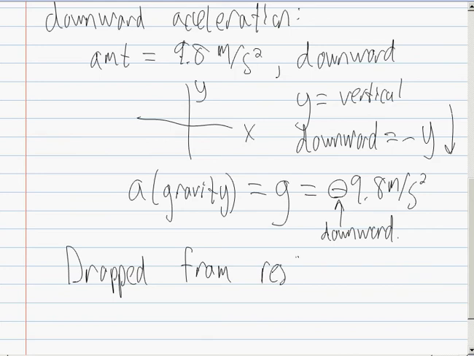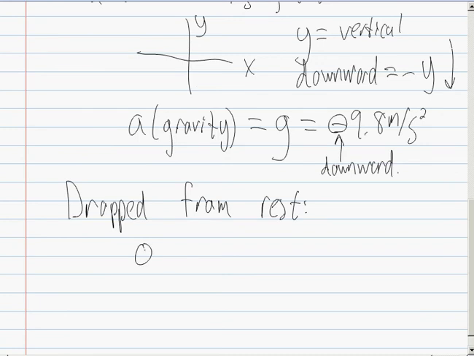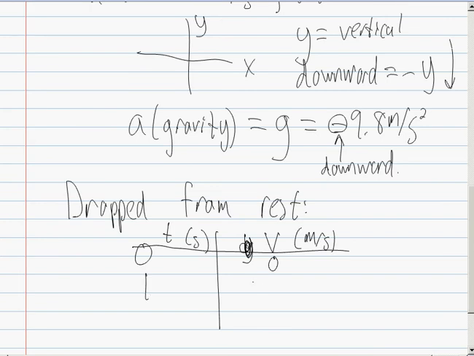So if it's dropped from rest, that means that at 0 time, we have a velocity of 0 meters per second. And this is in seconds. 1 second later, we're at negative 9.8 meters per second.